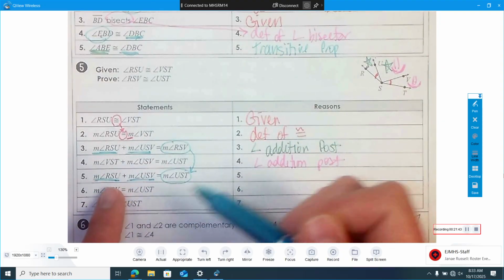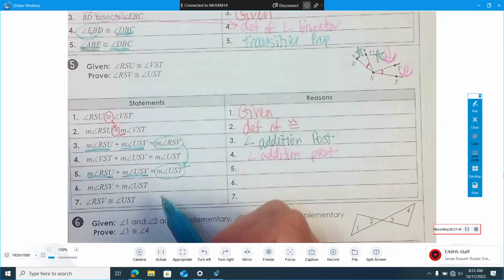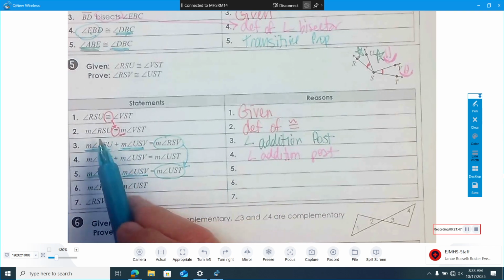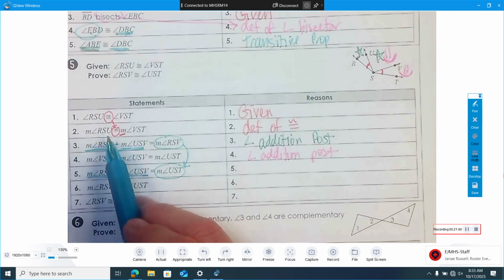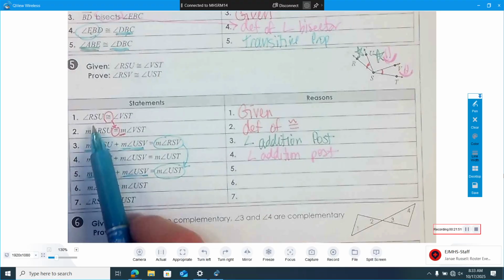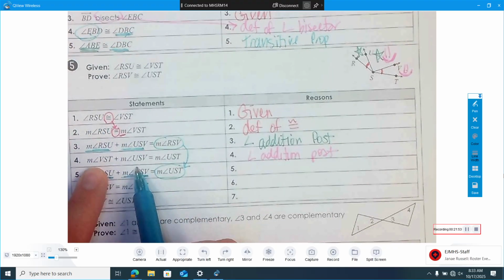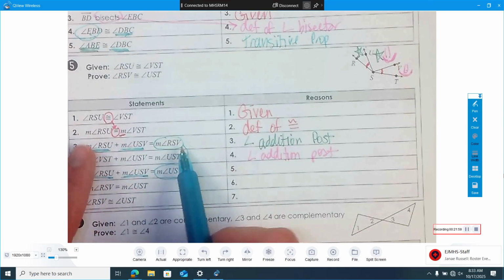The 4, wait, okay, so where? I'm not seeing it, guys. Bella, you tell me. The first one in number 4 and the first one in number 5 equal each other. So you're subbing in RSU for VST.